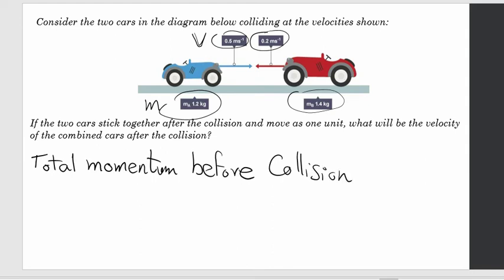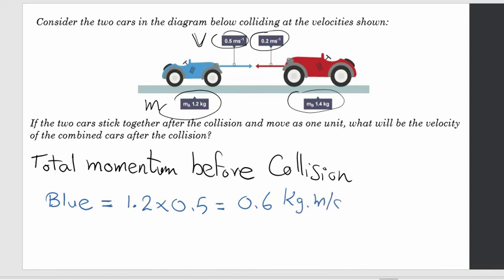And this is going to be equal to, first thing, the blue car: the mass, which is 1.2, multiplied by its velocity, which is 0.5, and this is equal to 0.6 kilogram times meter per second.